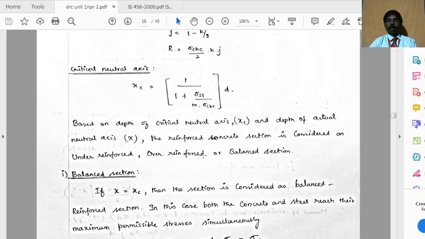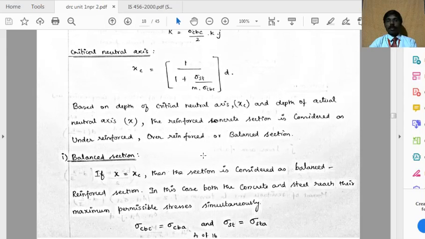The next formula is the critical neutral axis. XC is equal to 1 divided by 1 plus sigma ST divided by m into sigma CBC, into d. Next, based on the depth of critical neutral axis and the depth of neutral axis, the reinforced concrete sections are classified as under reinforced section, over reinforced section and balanced section.